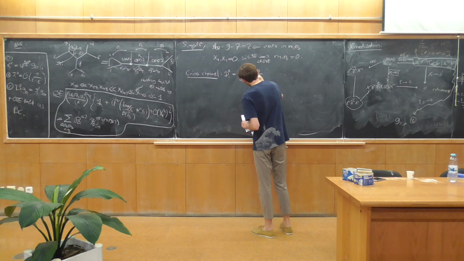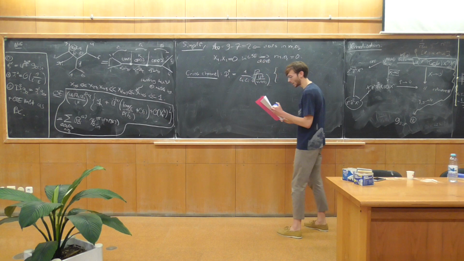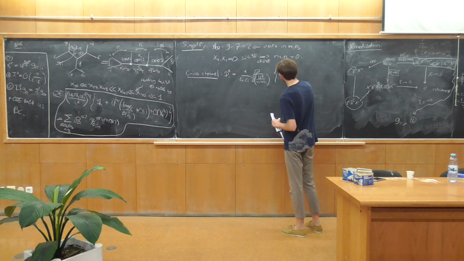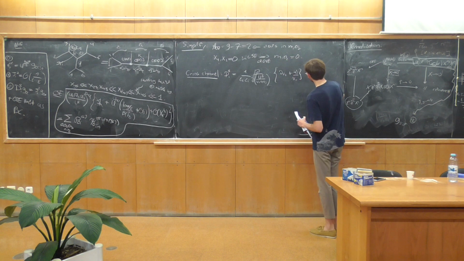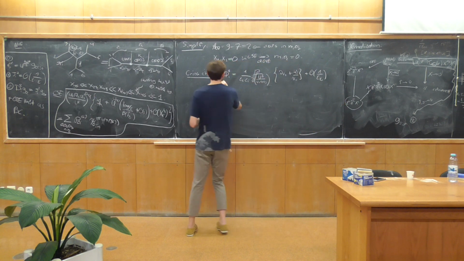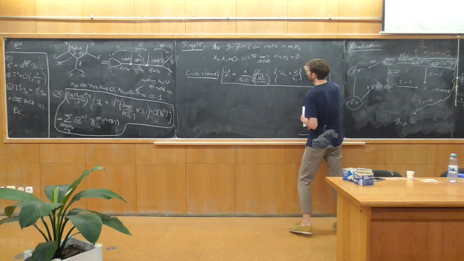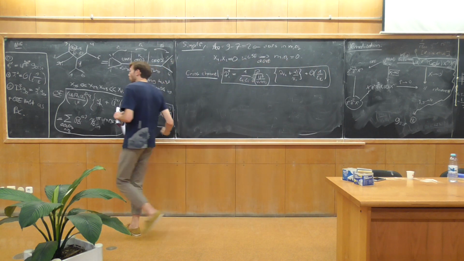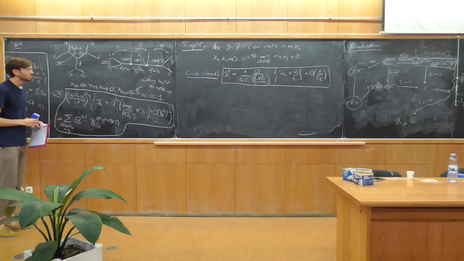I get this first order differential operator times, and then I'll get these subleading corrections, which I won't look at in this example. And once again, we can go through the remaining steps.